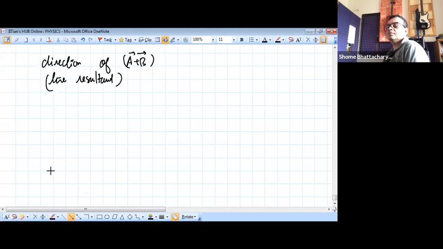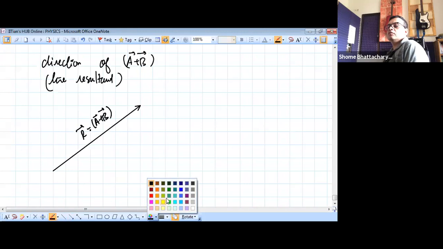Come back to the vector diagram and you will see that the resultant of A plus B was this, where vector A was, let's say, like this, and vector B in the same diagram.